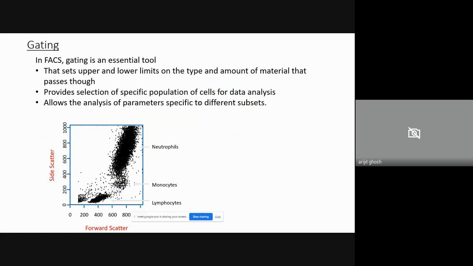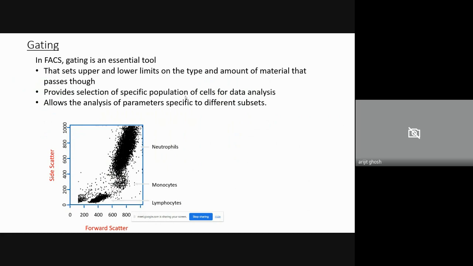If we select the live cells and command the machine that we only want to check 20,000 events for the live cell population, it will run the sample and acquire 20,000 events on the basis of only live cells.